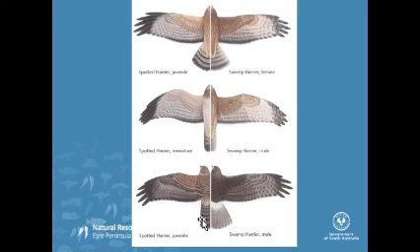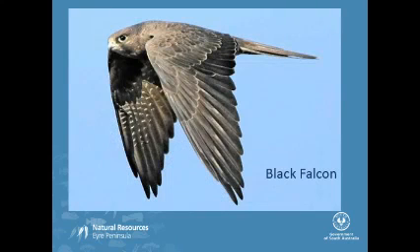Comparison. Okay, just quickly to finish off. You know that one? Black falcon. It doesn't have the teardrop. So that's the key feature for a brown falcon versus a black falcon. And how they fly and how they hold their wings is different. So there's the comparison.